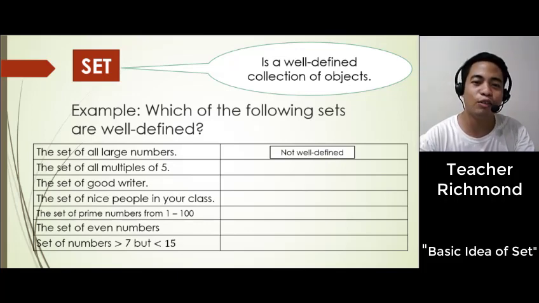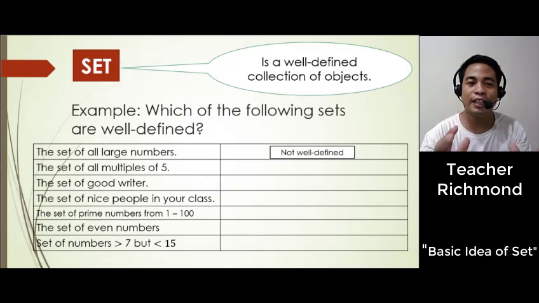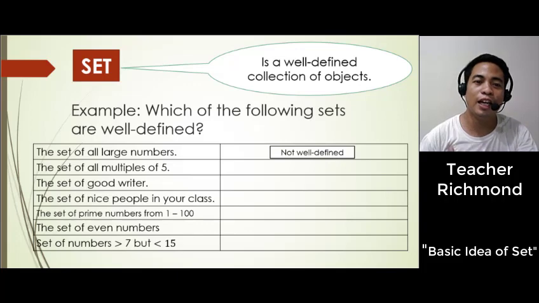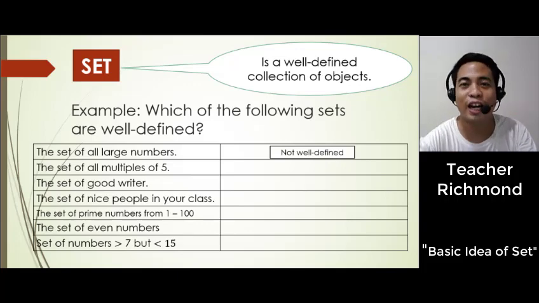So it is not well-defined because the set that has been mentioned has no definite element, because maybe my large number is not your large number.